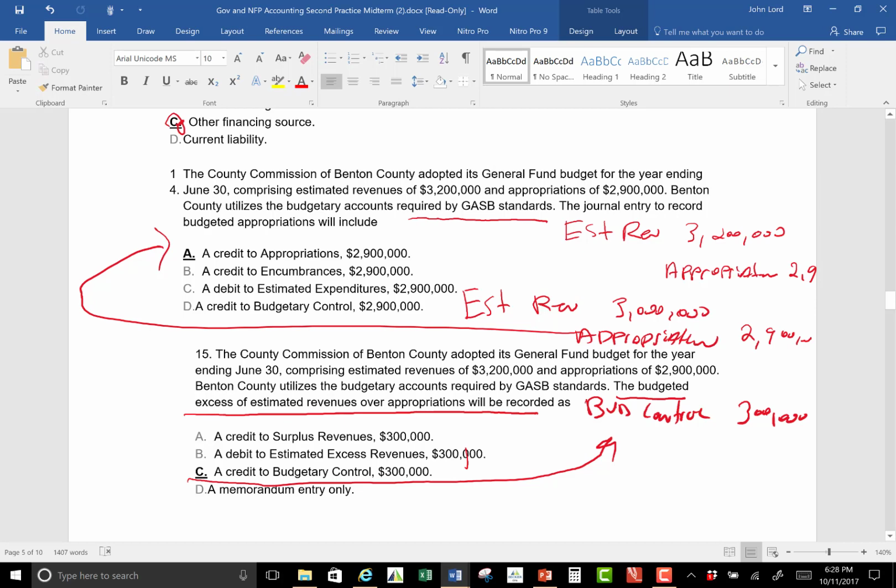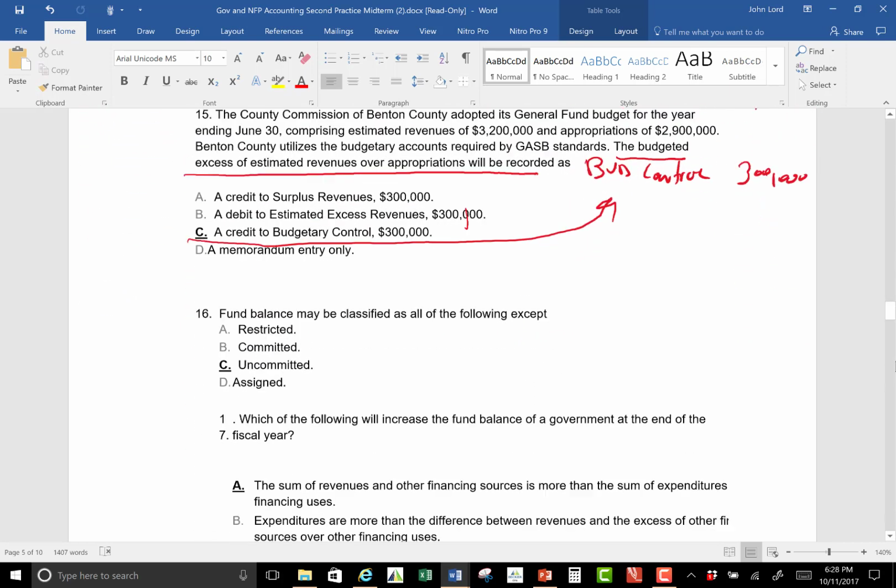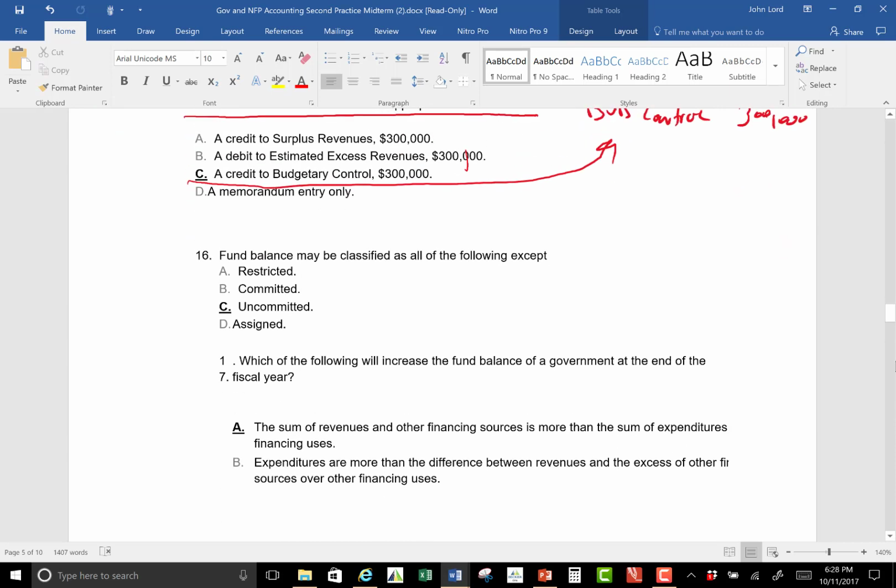Okay, good. Number 16. Fund balance can be classified, and remember, we can classify it into non-spendable for things like our inventory, and then we had spendable, and when we had the spendable, we had restricted, committed, assigned, and unassigned, right?